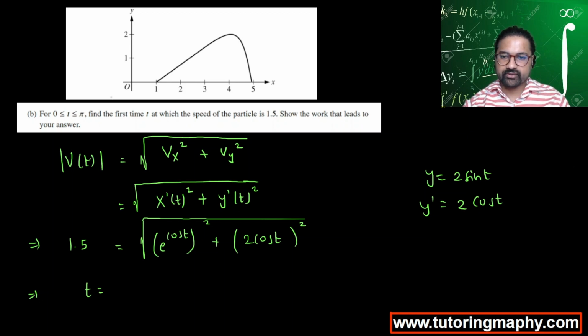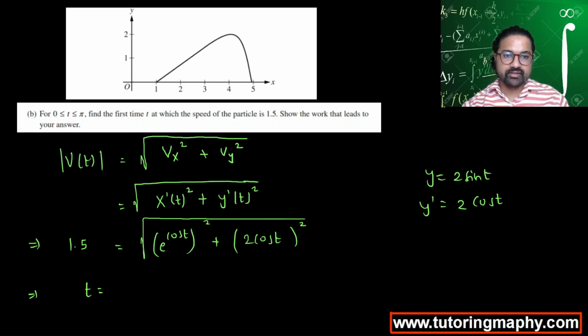We cannot do it manually. So that's going to be the root of e raised to cos x, because I'm using the variable x, plus 2 cos x whole squared. Make sure your calculator is in radian mode, because if it's in degree mode, you're going to get an entirely incorrect answer. Please make sure you do that.